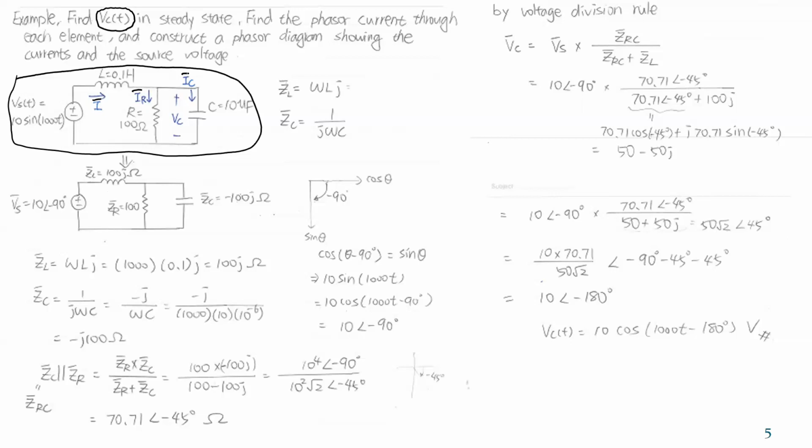to find VC(t), first you need to find the phasor voltage of Vs, but this is in sine, so we need to convert it to cosine. So we look at the sine-cosine conversion, and as we talked about in class, we have cosine, we have sine.